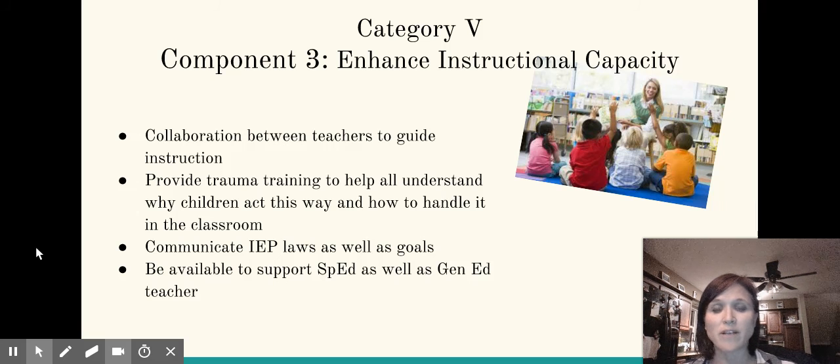Providing the trauma training so that everyone can understand why children are acting this way, and how to handle it within the classroom, communicating the IEP laws, but also communicating the IEP goals for that student so that the teacher knows what needs to be done within the classroom to make that student successful. And then also being available to support the special ed as well as the general ed teacher so that they both feel heard, so that they both feel supported and successful within their jobs.